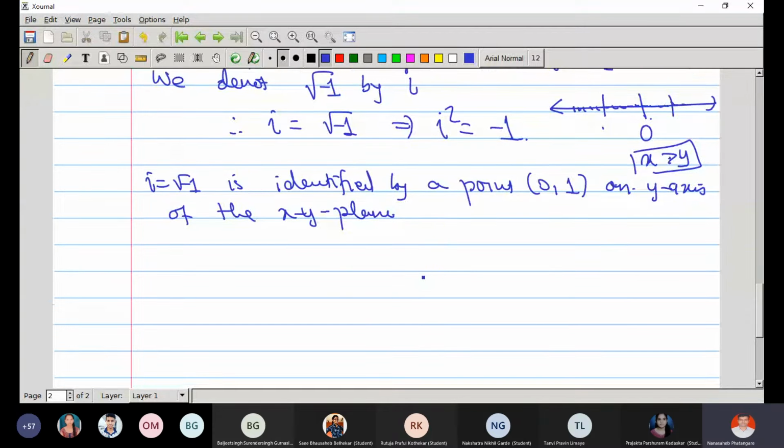So we can identify these points by points in the plane. So t times i, where t belongs to R, is identified with (0, t).